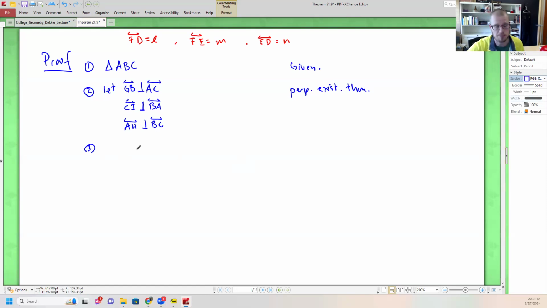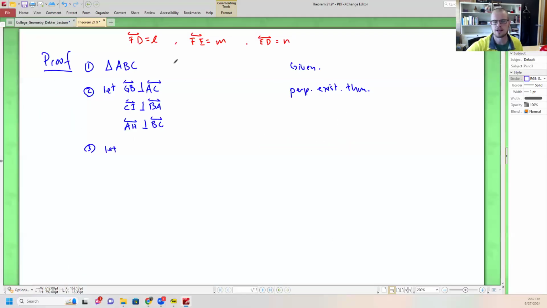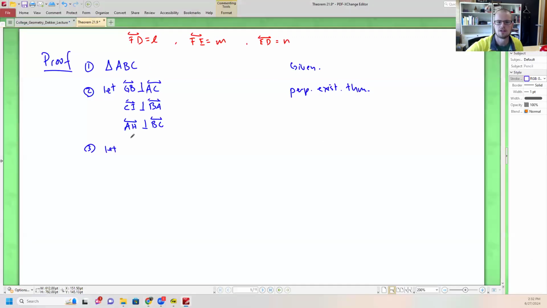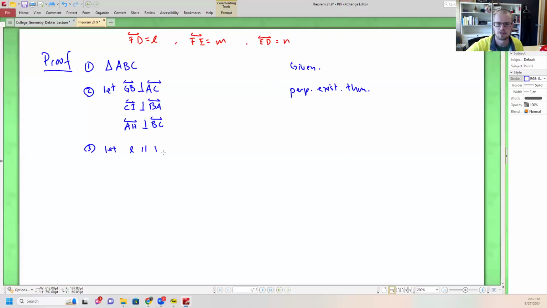So we can construct the parallels. L we said was FD, so let L be parallel to AC through B. Excellent.